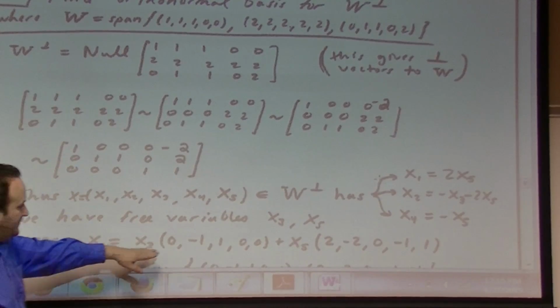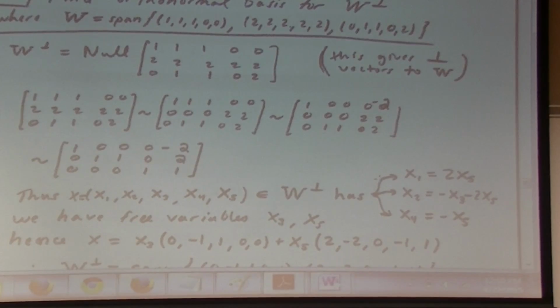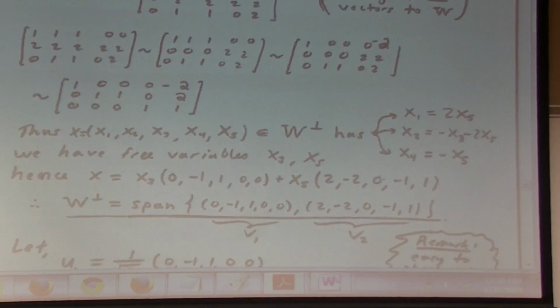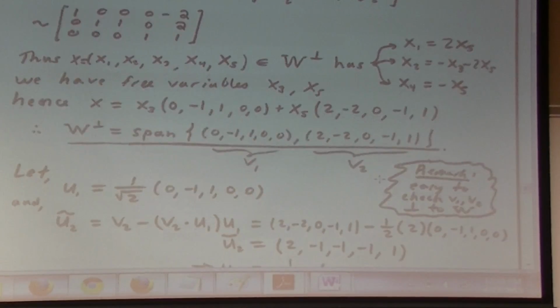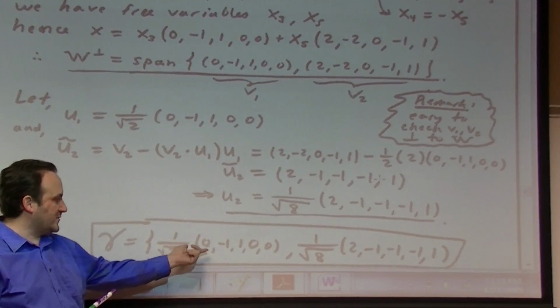It's a span of those 2 vectors. If those were already orthonormal, that'd be super nice, but that's usually not going to be the case. So then what do you have to do? Gram-Schmidt, right? So you Gram-Schmidt those, and out pops this orthonormal basis for the perp.